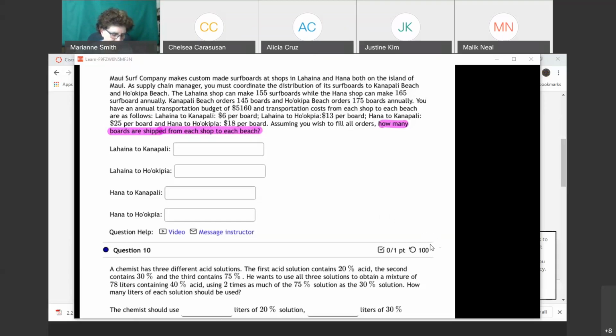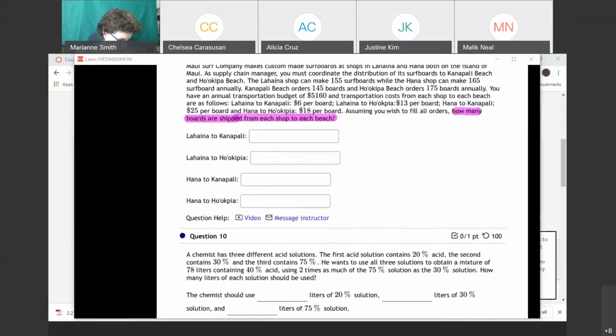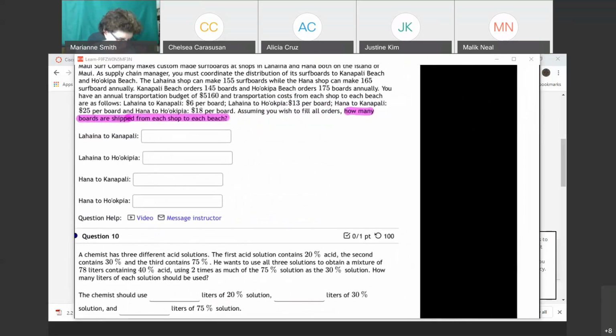Okay. So again, forgive my weird writing, but I'll put it right here. Lahaina to Kanapali. When I first started doing this problem, I said let X be the number of boards, and I wrote it like this: Lahaina to Kanapali.